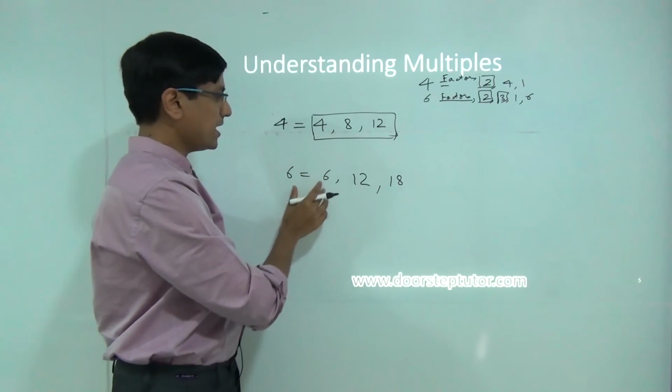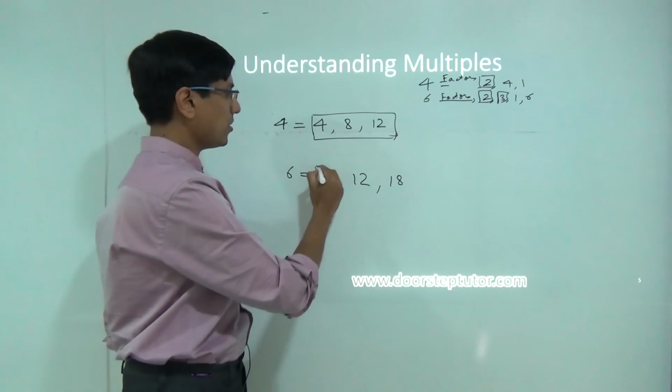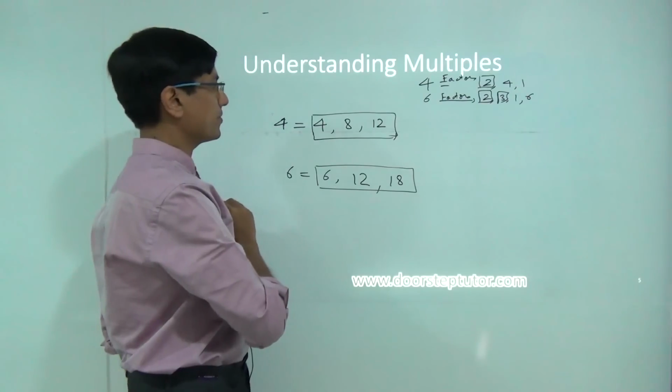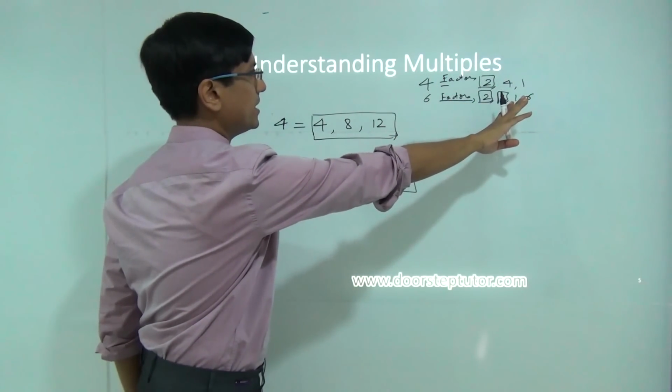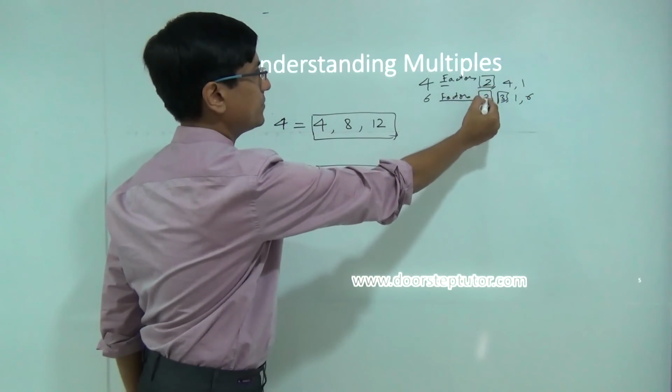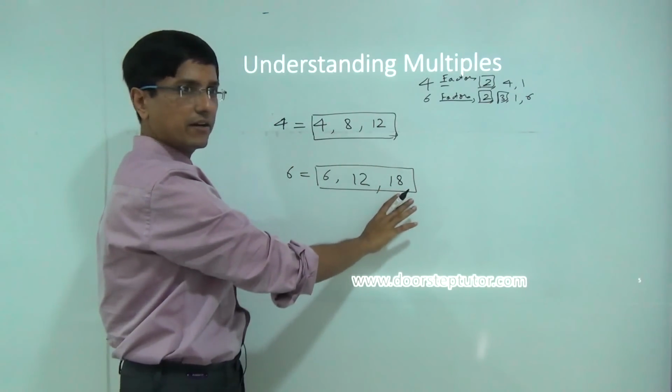Again, if you notice, this is just the table of 6. So these are all the multiples of number 6. So for 4 and 6, we listed the factors here, out of which these were the prime factors, and the multiples of 4 and 6 we listed here.